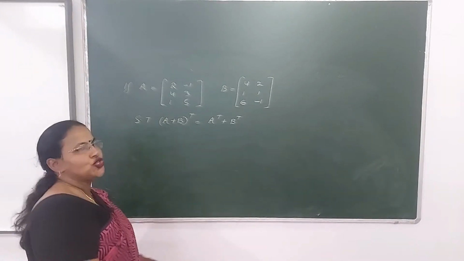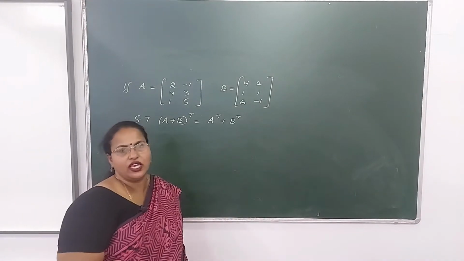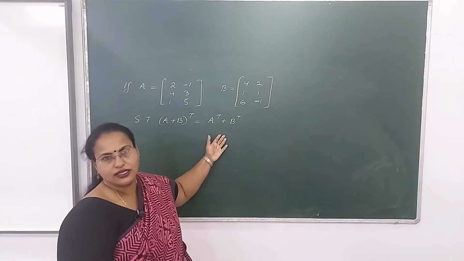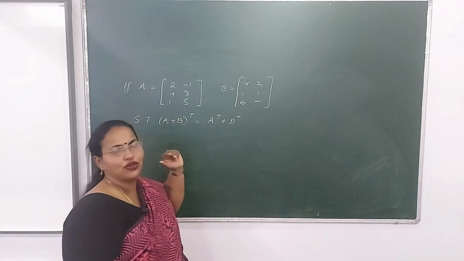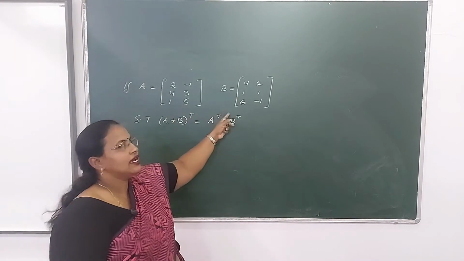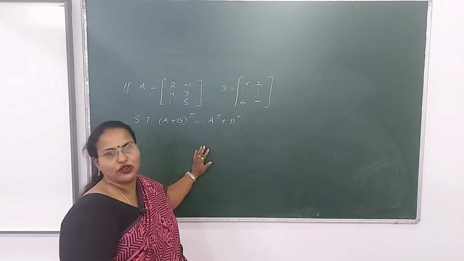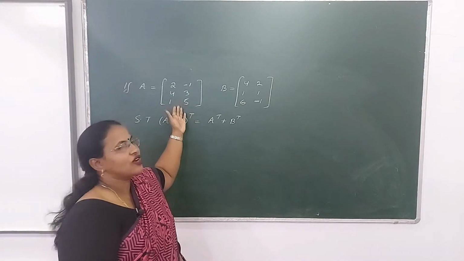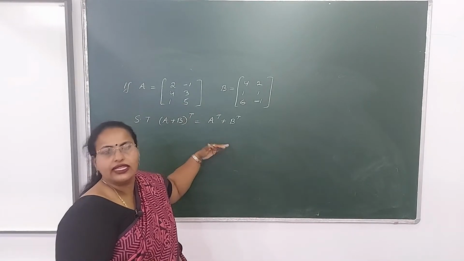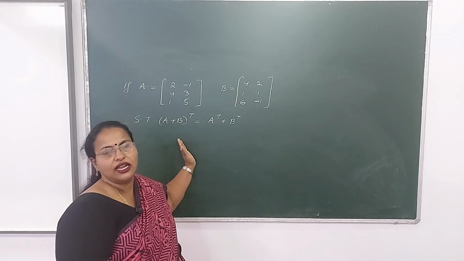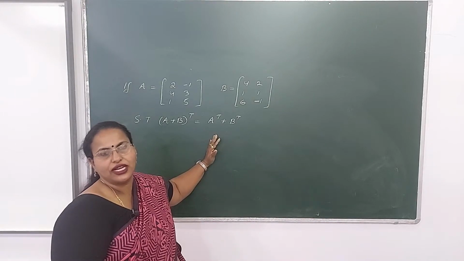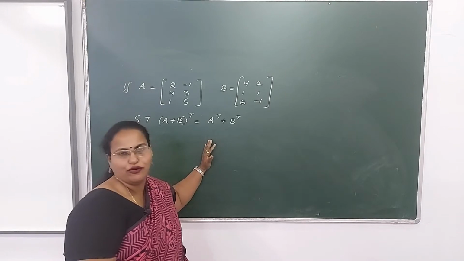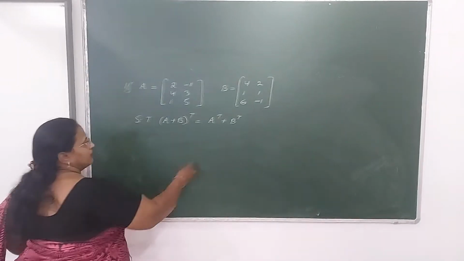Again, show that means you will be verifying, you will be proving that LHS is equal to RHS. Now for the left side, what to do? You will be adding A and B and get the transpose of it. For the right side, what to do? You will find out the transpose of the two separately and then add them. And left is equal to right, you will be showing that they are equal. So that way it can be verified or proved. So let us do it.